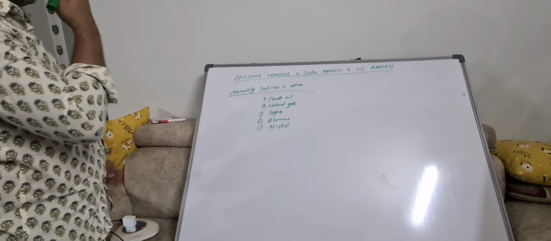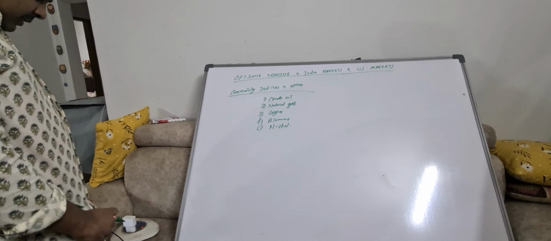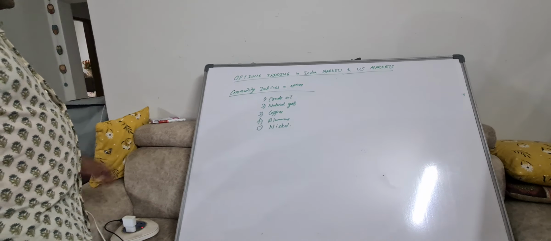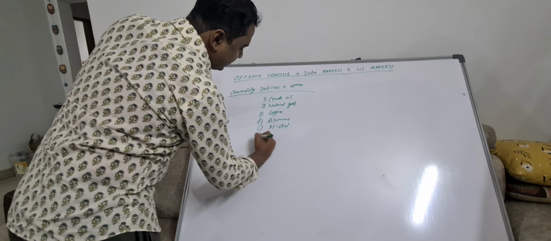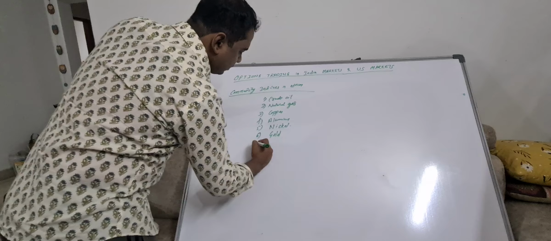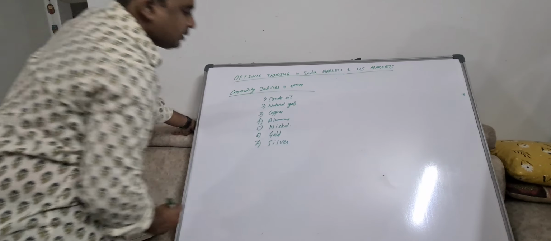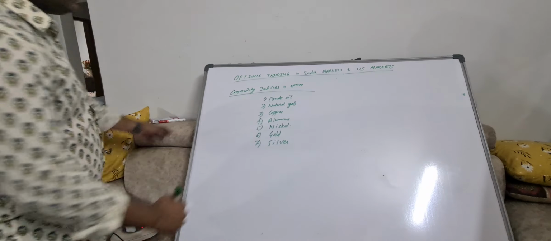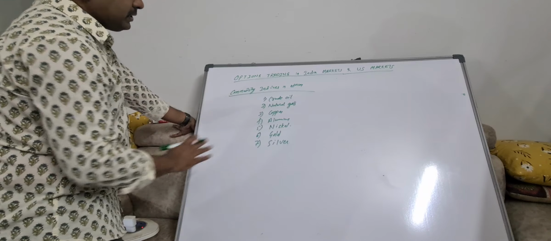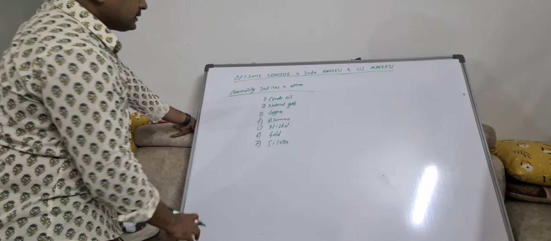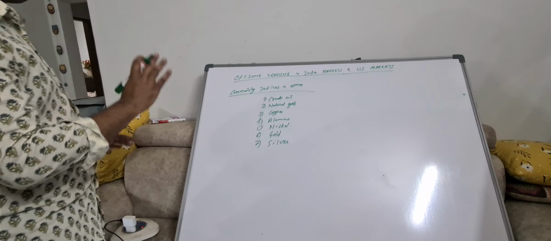Okay. We have the major commodity indices, gold. These are the major indices. Gold. Silver. Okay. What else? Natural gas, crude oil, copper, aluminium, nickel. So many indices. Now we have commodity indices in options.